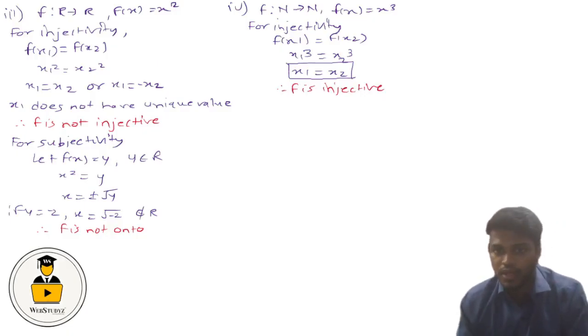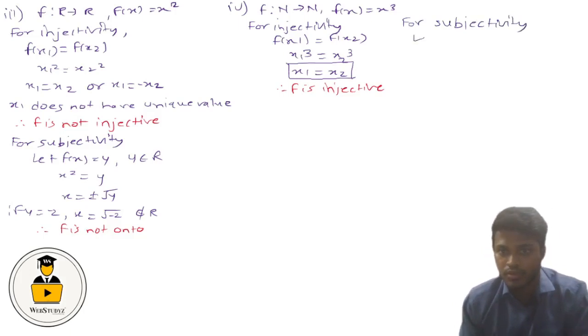And now we will check for surjectivity. We will assume let f of x equals y. That means x cube will be equal to y, where y belongs to natural numbers.